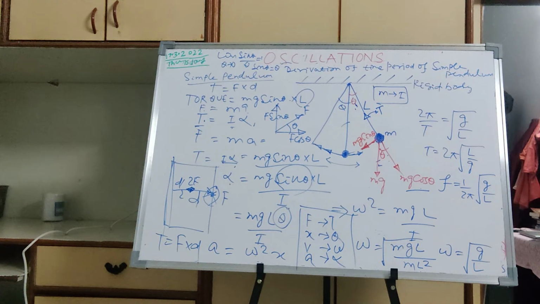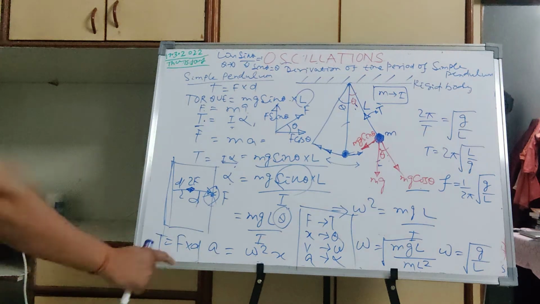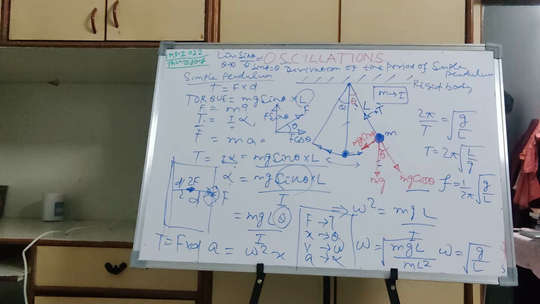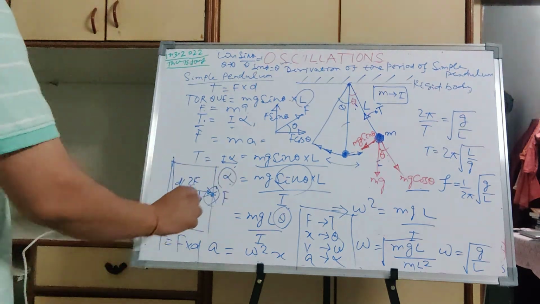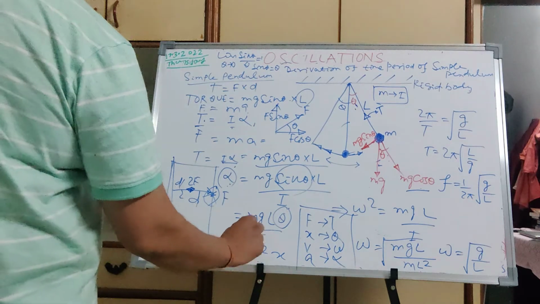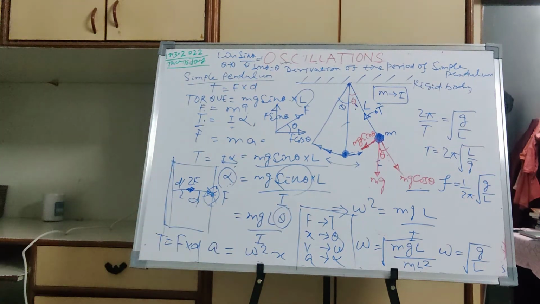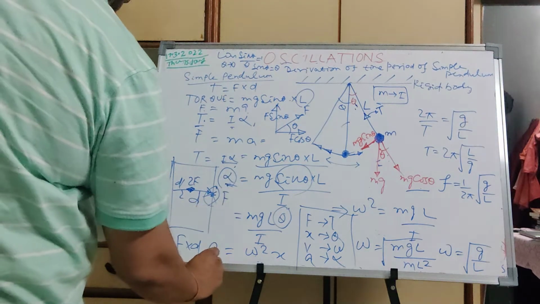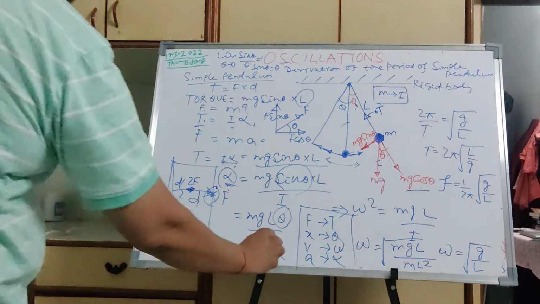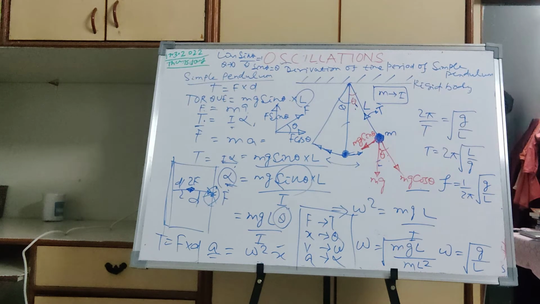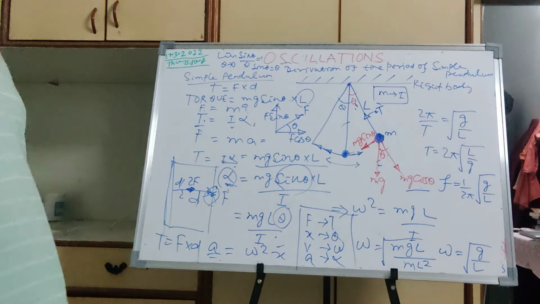In linear motion, acceleration is omega square x. In angular motion, the angular acceleration is equal to mgl by I into theta. So if you compare linear motion with angular motion, one expression is for linear acceleration and alpha is the expression for angular acceleration.